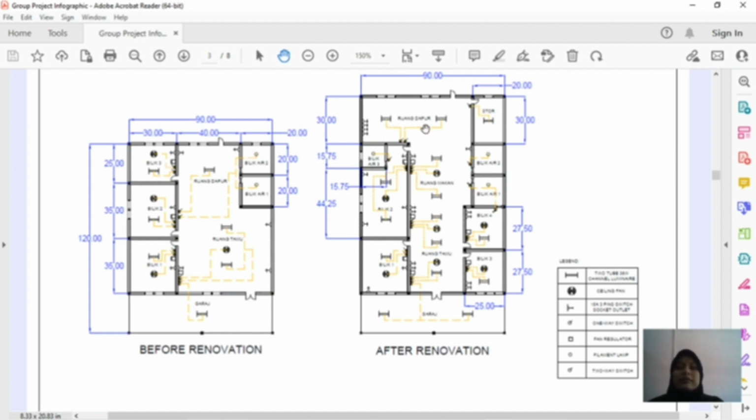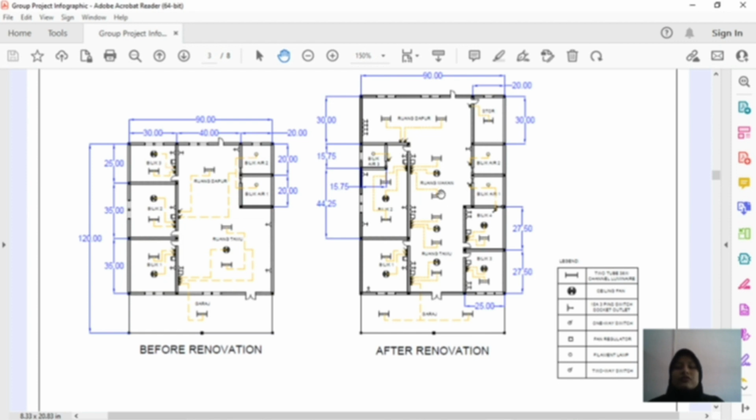Lastly, we go to ruang dapur in the house, which has 2 units of 2 tube 38 watt channel luminaire connected with 1 switch each, and 4 socket outlets.